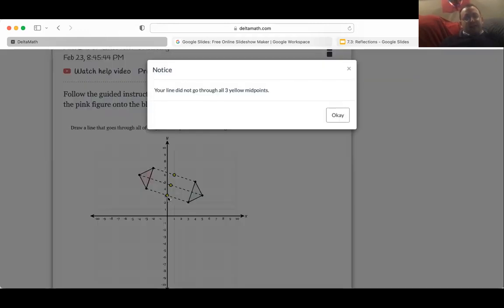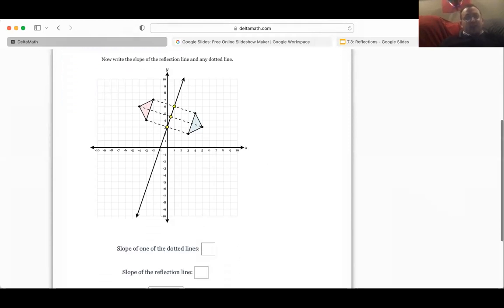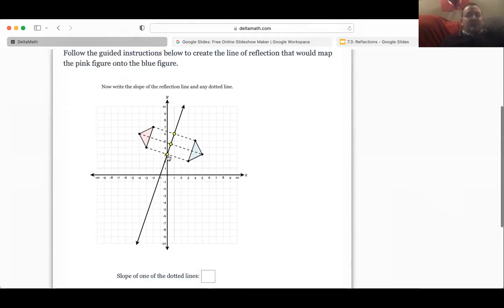And it needs to go through all 3. Then it says now, write the slope of the line of reflection. So this is our good old friend, rise over run, from algebra class. We went up 1, 2, 3, and we went over 1.